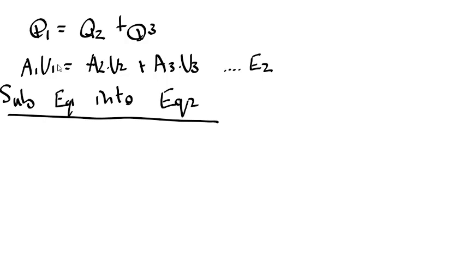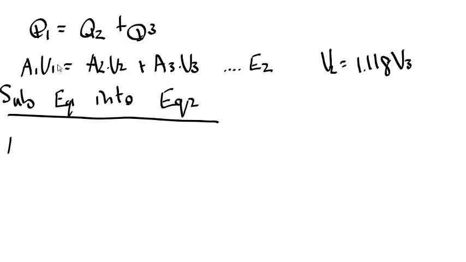So how do we do that? If we look at equation 1 again, I'm going to write it down here. It said that V2 is equal to 1.118 V3. So we're going to substitute that into this formula.